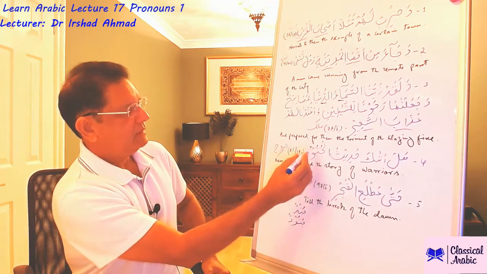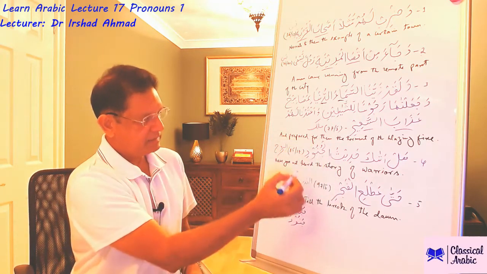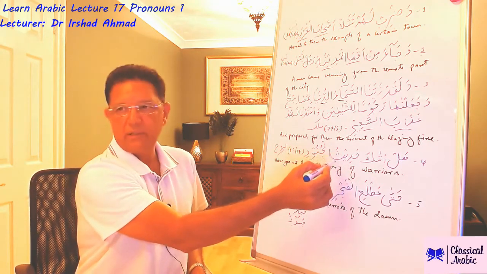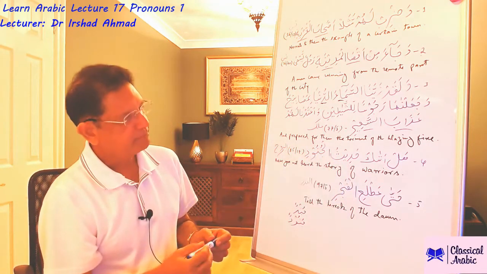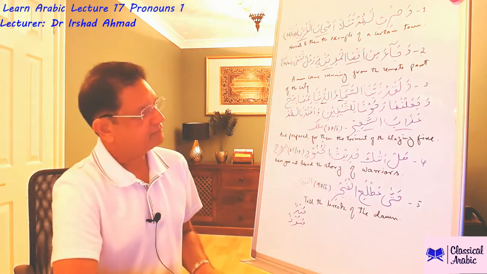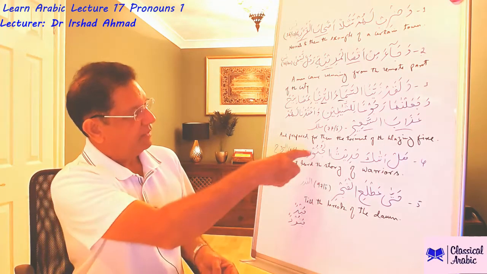So here this is al-junudi because of lam of definiteness, the tanween has gone here, and hadith doesn't have tanween and doesn't have al either. So the story or the news, etc., of the warriors.